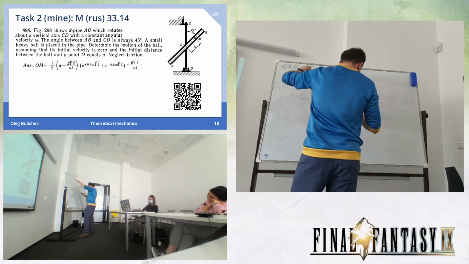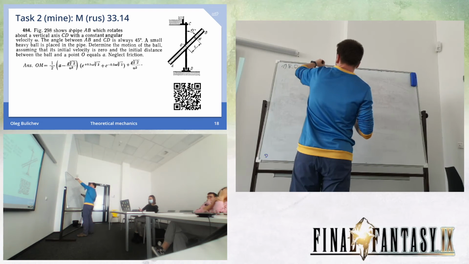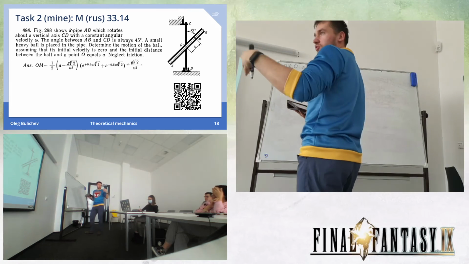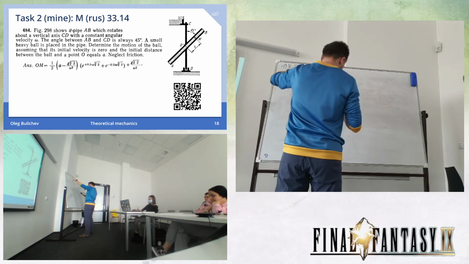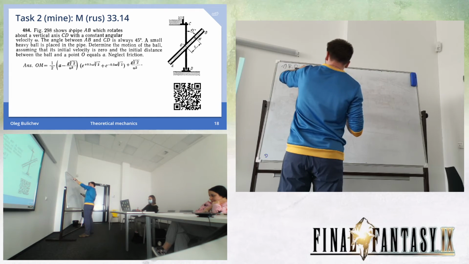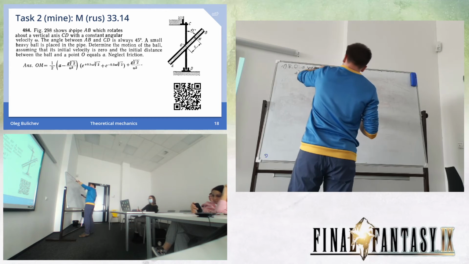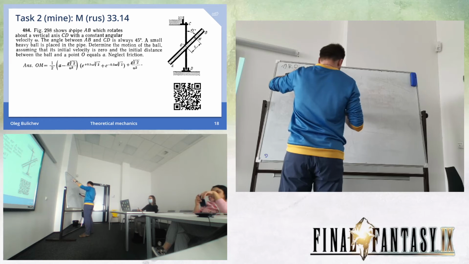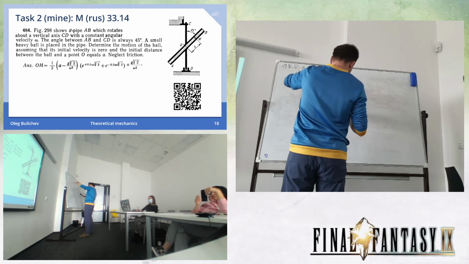In the previous cases we had one body. Now we have a system. A system consists of a particle M, a ball, and tube AB.